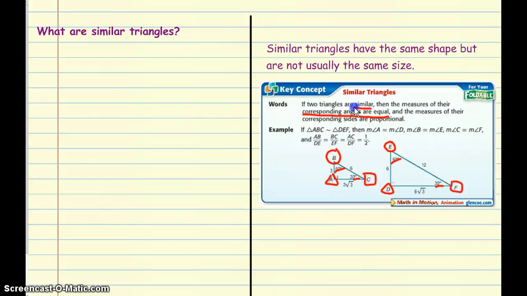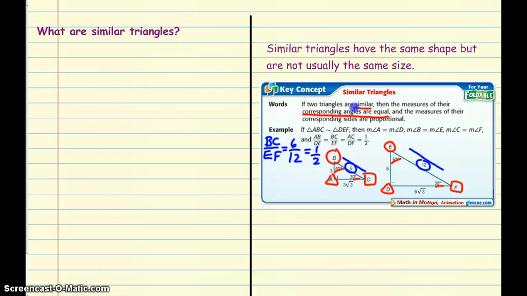In the same regards, the measures of corresponding sides are also proportional. So if we take a look at side BC right here, which has a length of 6, and the side EF, those are corresponding parts, it has a length of 12. And if we set up a ratio of side BC over EF, it's 6 over 12, which simplifies to 1/2.